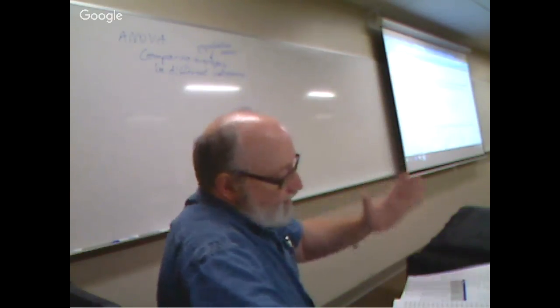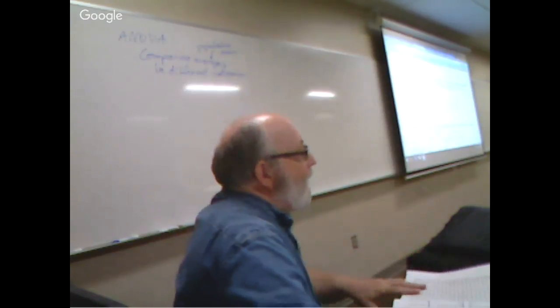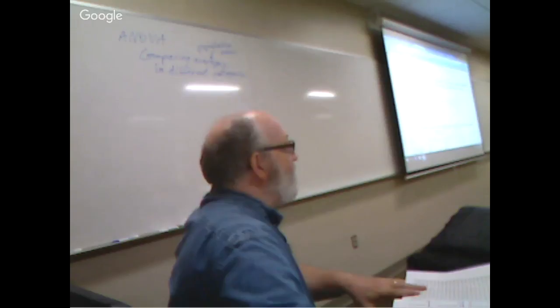So I have a list of 100 people in this data set. I really don't care about these 100 people. I care about who they represent. So what I'm hoping is that based on what I've got here, this is a random sample.